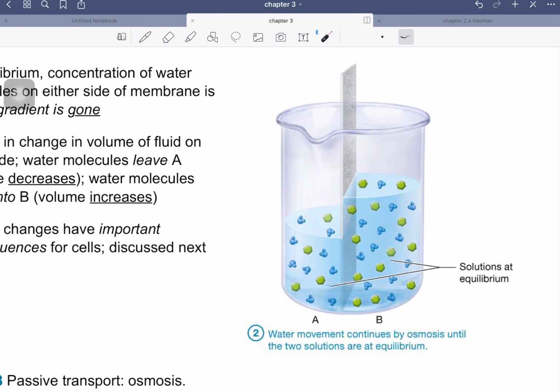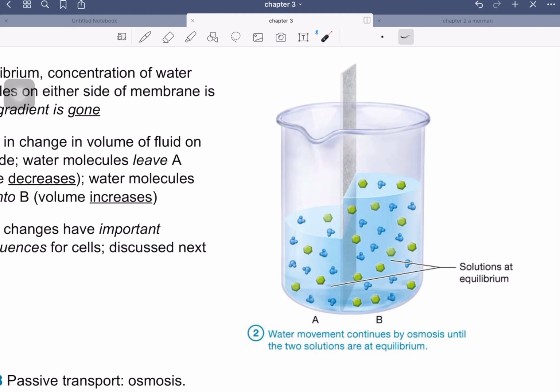Now, one thing I want to point out is that, yeah, water can move this way, but some water can move this way, right, through random motion, etc. And what we're saying is, even when we hit this point where we've diluted out the solutes, there's still going to be some movement of water from here and water there.